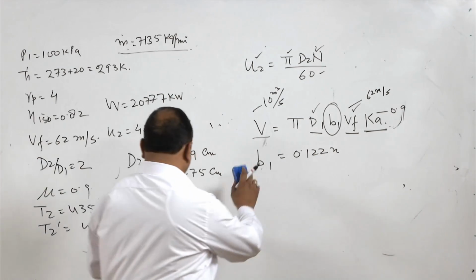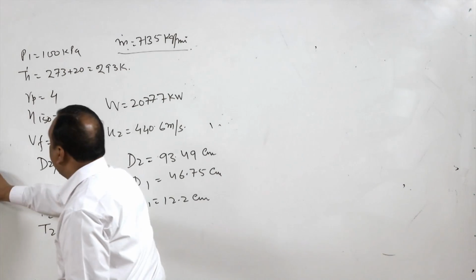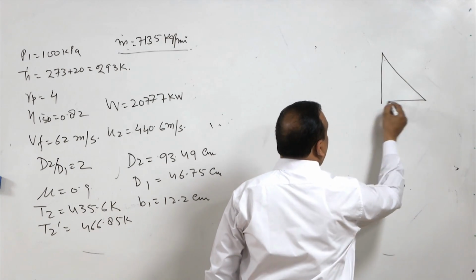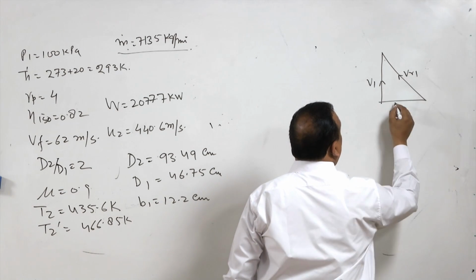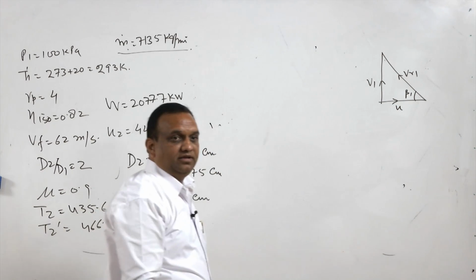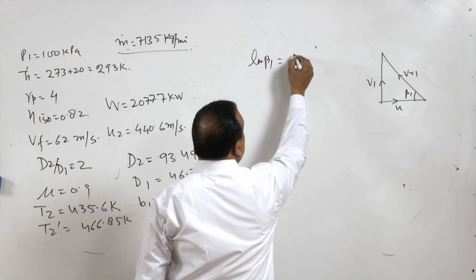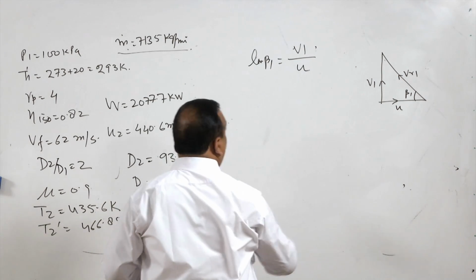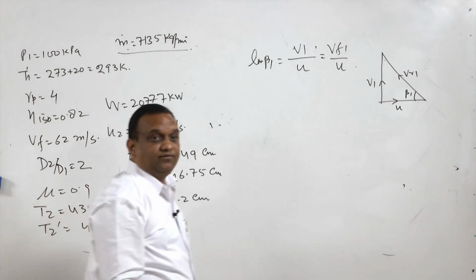Now the blade inlet angle. If you remember the velocity diagram at inlet, with V1, VR1, U, and this is beta 1. So tan beta 1 is equal to V1 by U, or Vf1 by U1, because V1 is equal to Vf1.